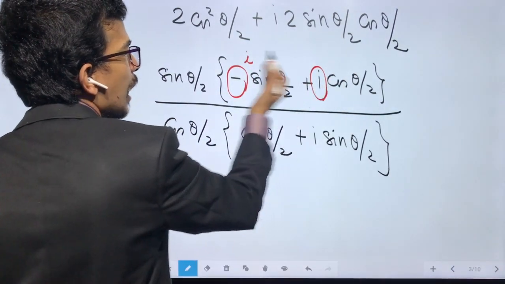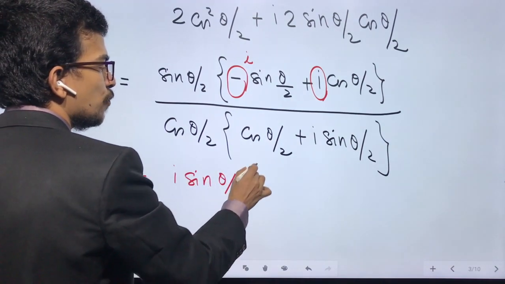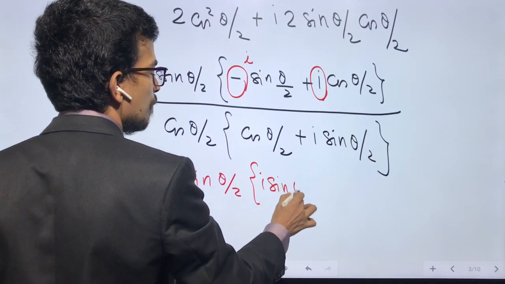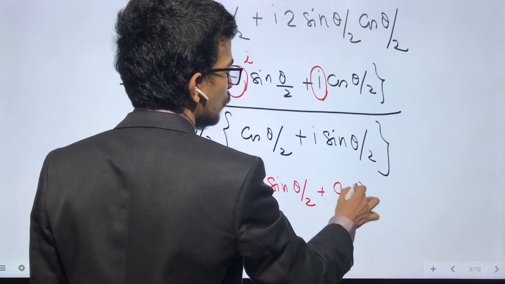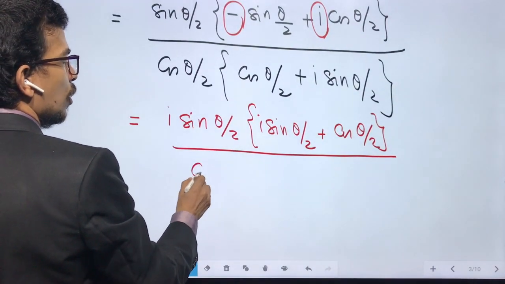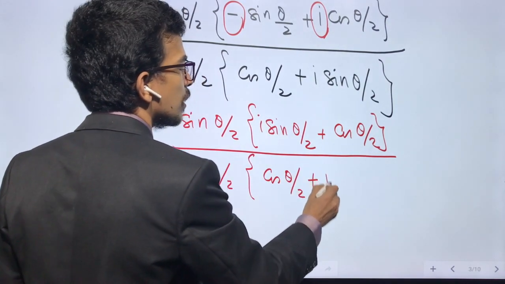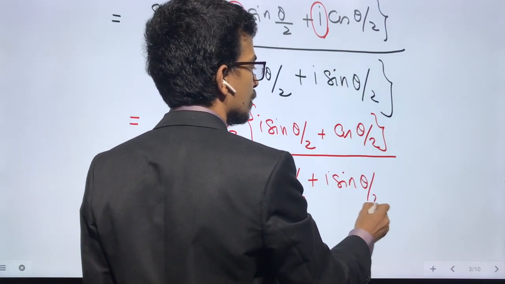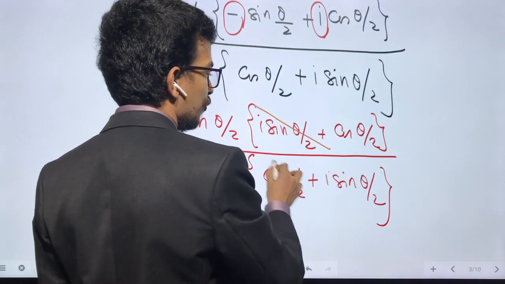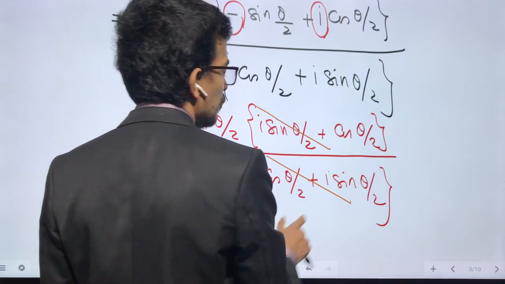So take i out, and it is going to be i sin theta by 2 into i sin theta by 2 plus cos theta by 2, divided by cos theta by 2 into cos theta by 2 plus i sin theta by 2. Now, these two expressions get cancelled off. This is cos theta by 2 plus i sin theta by 2, and this is again cos theta by 2 plus i sin theta by 2.